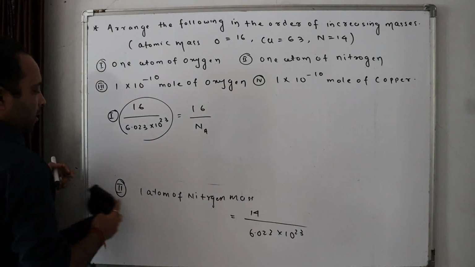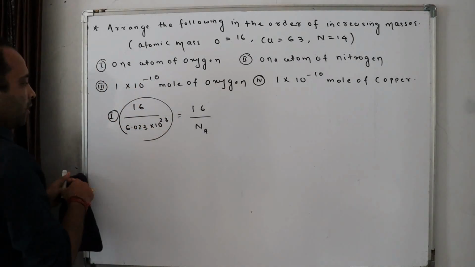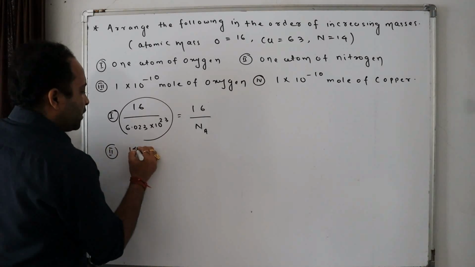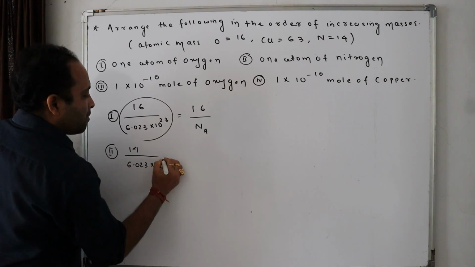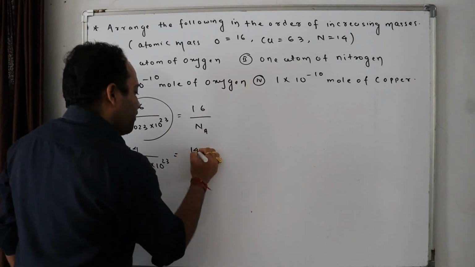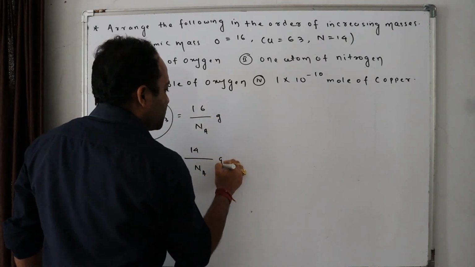In the second case, it was 14 by 6.023 into 10 to the power 23, or else I can write 14 by Avogadro's number, this many grams.